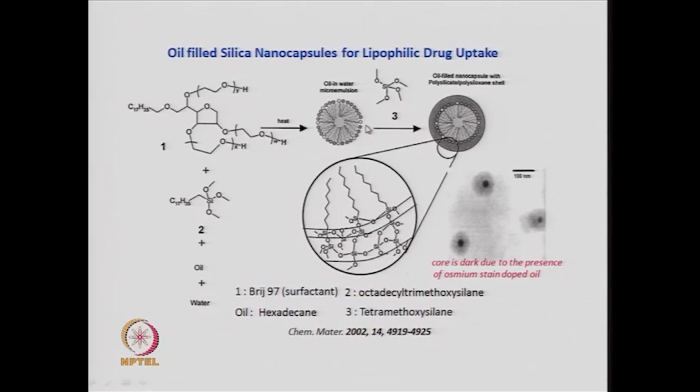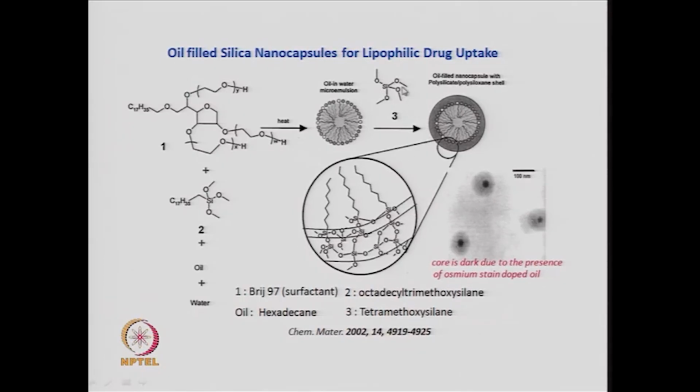And the hydrophilic part, these circles show the hydrophilic part, that is the polar part of the surfactant, which are the ether parts, the oxygen parts, they are on the surface of this micelle, as also you will have the octadecyl trimethoxysilane there, and tetramethoxysilane you add at step 3 to form the shell.